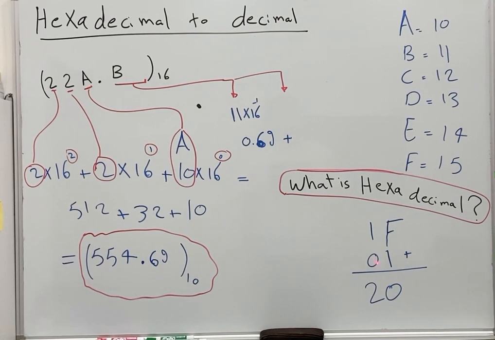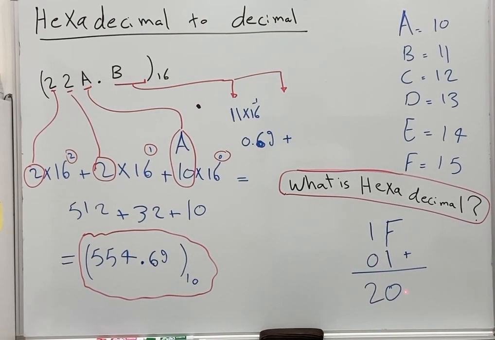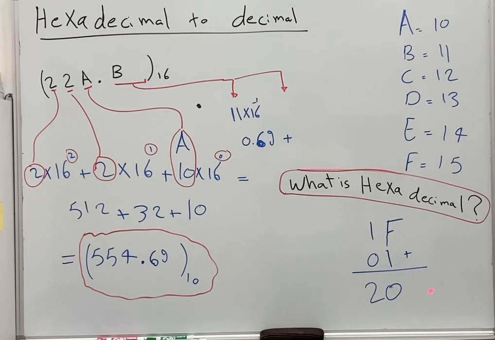So 1 will go to F, which is 15, then 15 becomes 16, and this is the hexadecimal system. So it will be 0 in the first bit, and we'll carry a 1 here. And because we have another 1 here, we add the 1 on top and the 1 here, so it will be 20. So this is the result of adding those in the hexadecimal world.